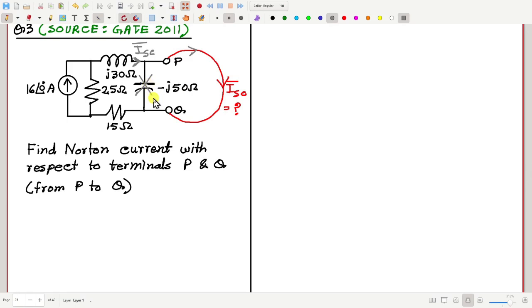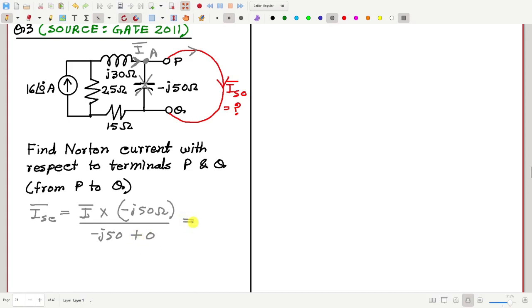I didn't get it, sir. Suppose I call this gray colored current I. Then call this point A. If we apply the current divider rule, how much will be ISC? ISC will be equal to I multiplied by the impedance of the other path, which is minus J50, divided by the sum of the two impedances of the two paths, which is minus J50 plus 0.